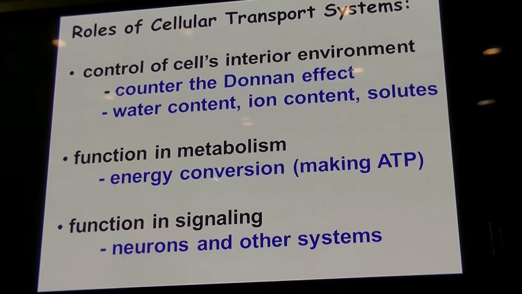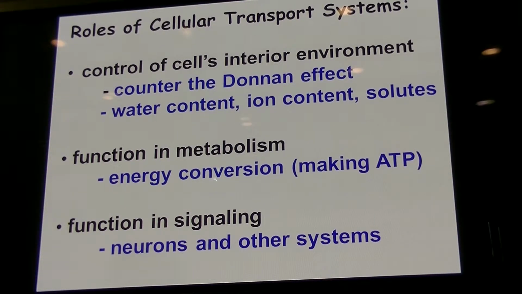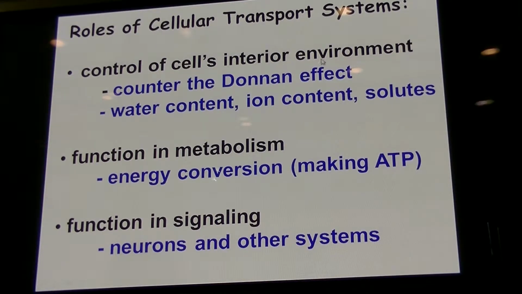Most of the transport systems we're now going to look at, I'd like you to understand how these different types of transports are used together in order to make functional cellular systems that make sense. So we'll see that we need transporters to counter what we know as the Donnan effect. I'll explain that.